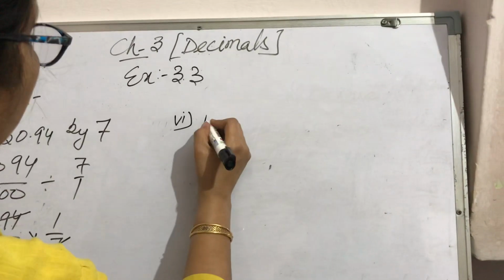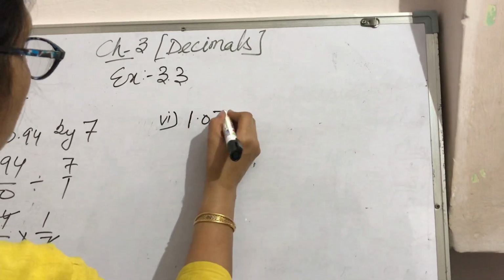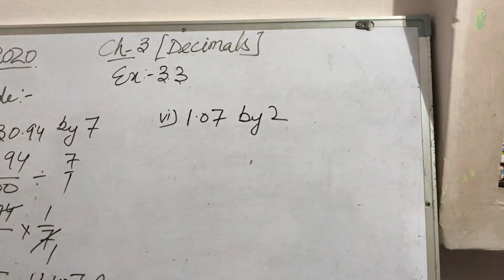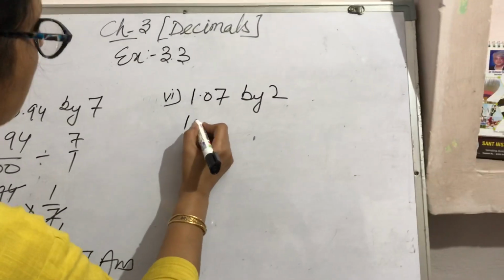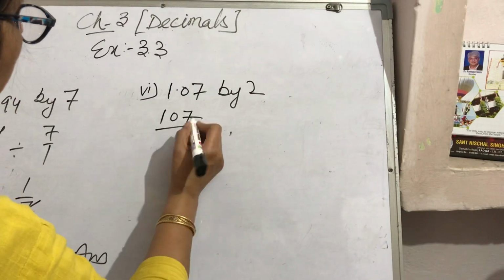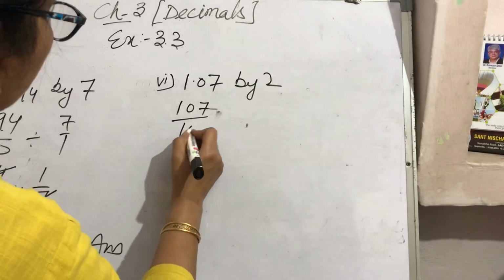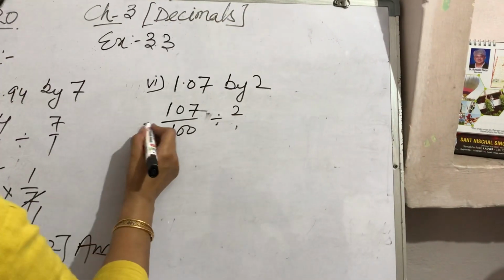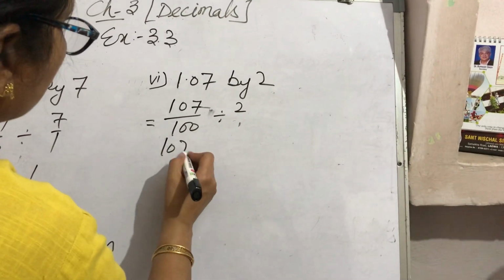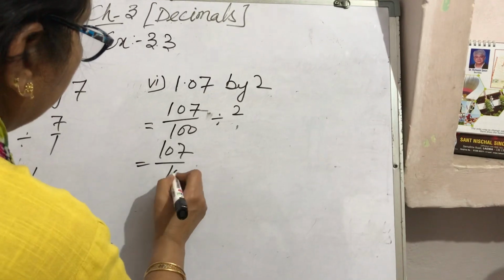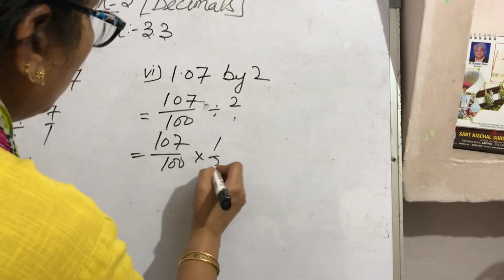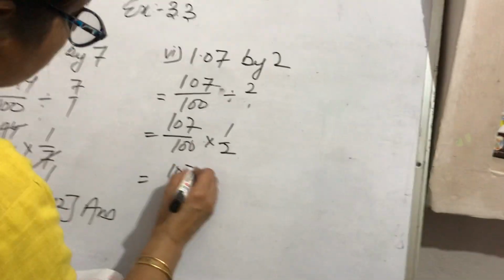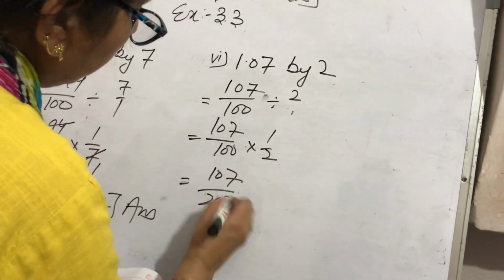Sixth part, 1.07 by 2 because it is not perfectly divisible. So first of all, remove the decimal. 107 upon 100 divided by 2. 107 upon 100 multiply 1 by 2. Again we have denominator 200.